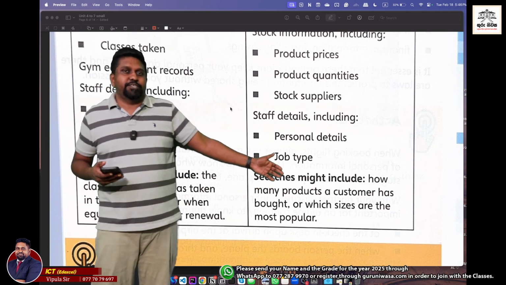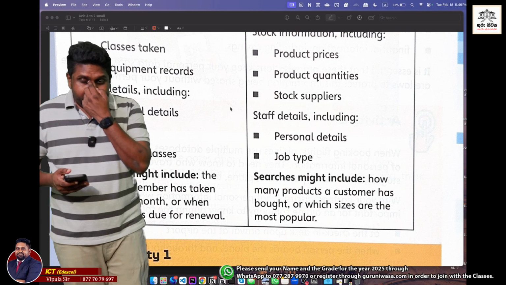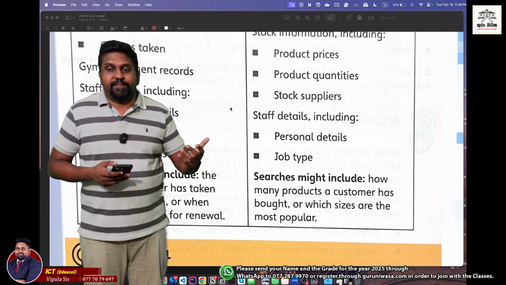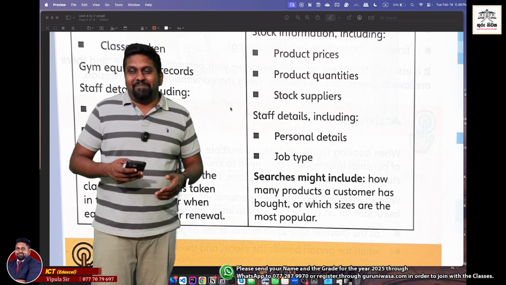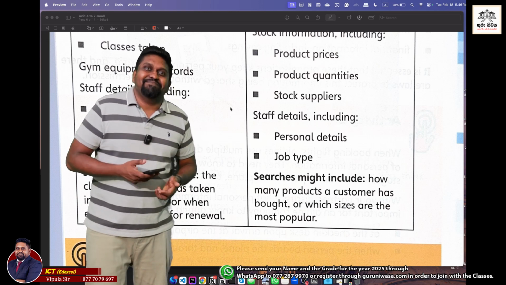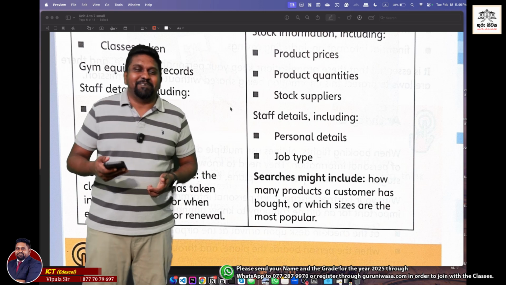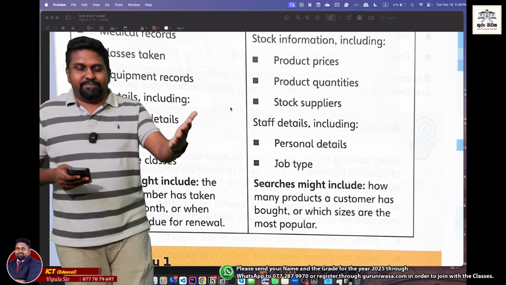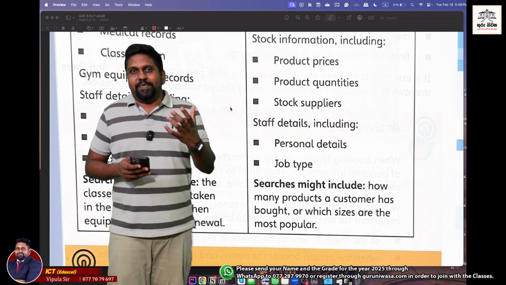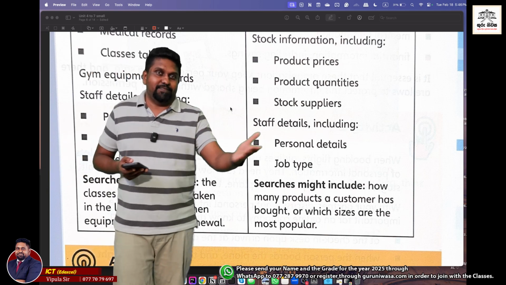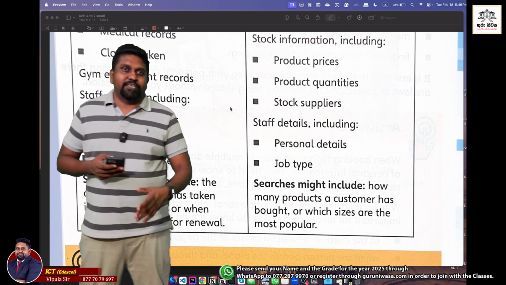So the search might include how many products a customer has bought. Or let's say, if we apply the same fruit and nut example to this one, let's say if Dinanya loves a specific type of t-shirts which is being sold at Cool Planet, a printed t-shirt.